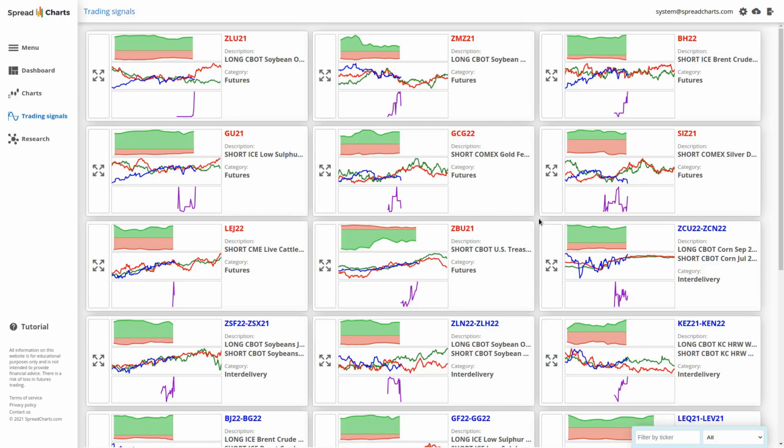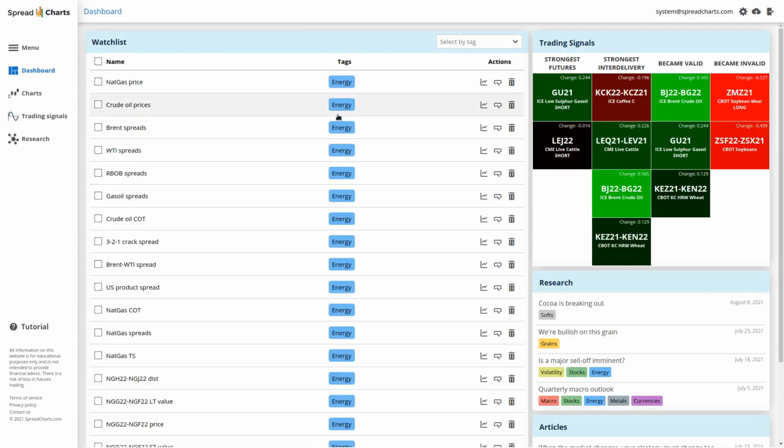There is another thing, a useful thing I would like to show you. When you go to the dashboard, you can see the trading signals widget here. It is useful as a quick overview of the changes in the trading signal over the previous day.